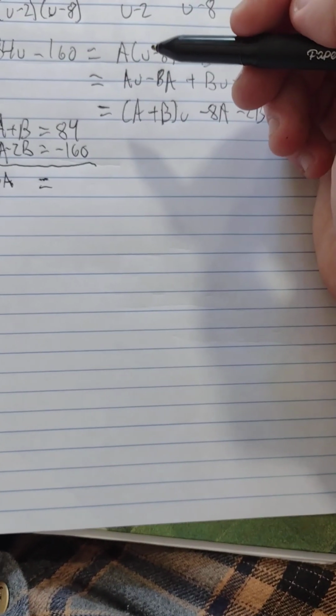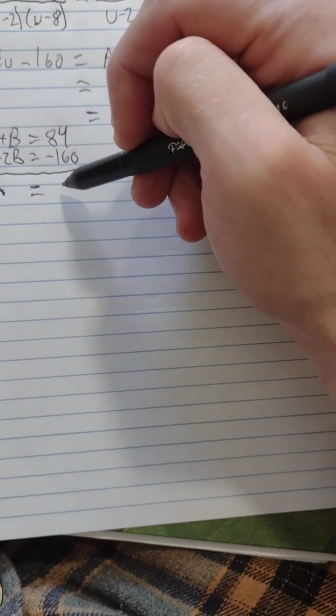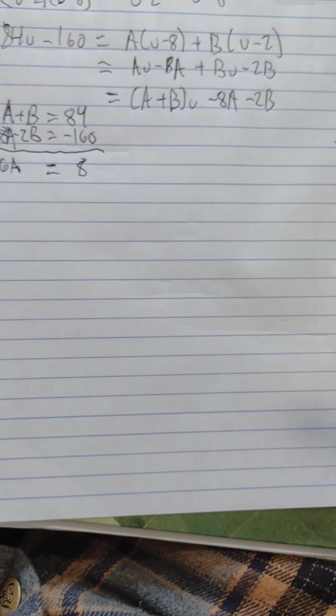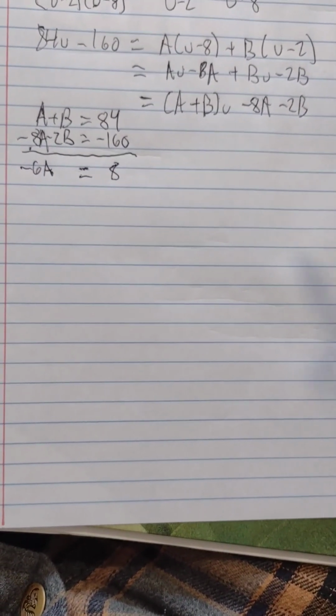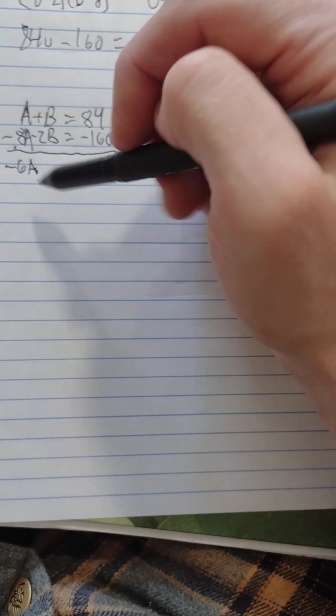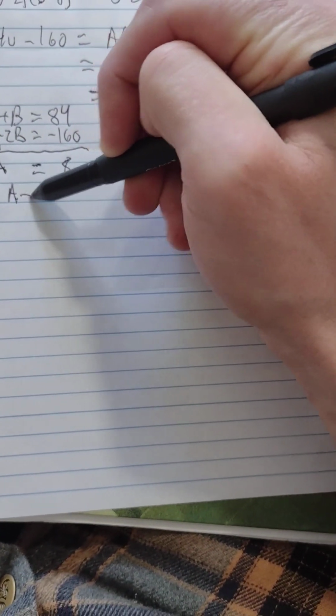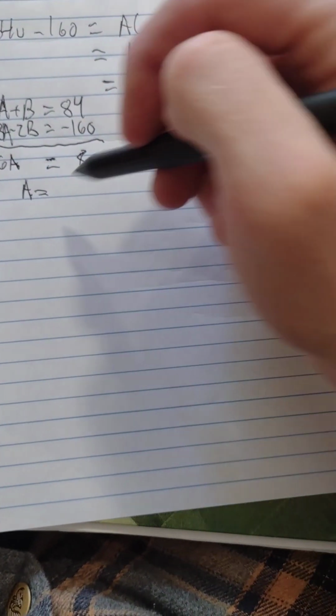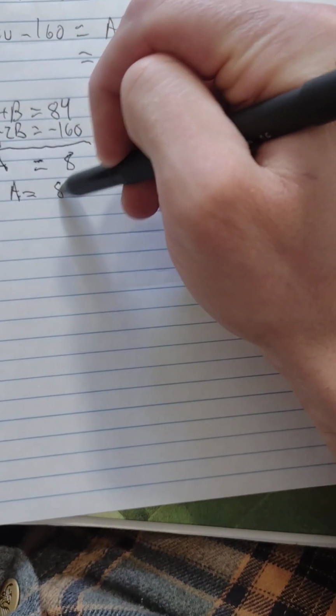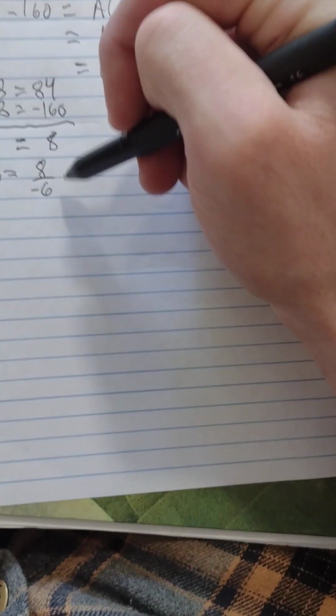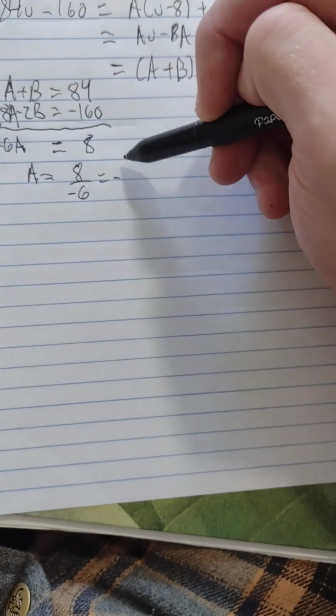So we would have negative 6a is equal to 8, and thus a is equal to 8 over negative 6, which is equal to negative 4/3.